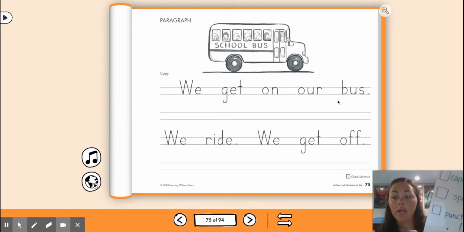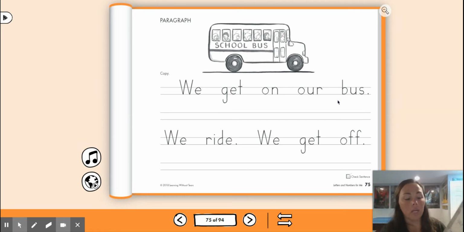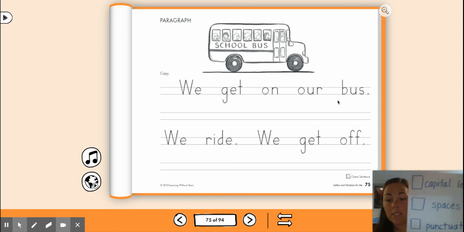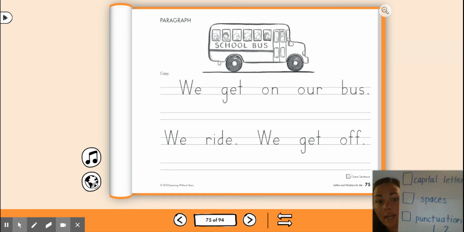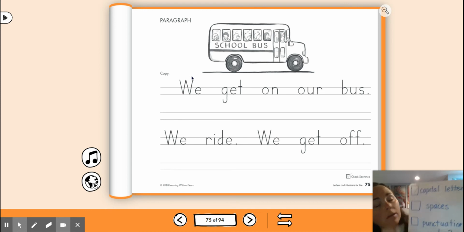So let's see if we can put some check marks on our board and see if our sentence has these things. So the first one says capital letter. Does this sentence have a capital letter at the beginning? Does it have a capital W or a big W? Yes, it does. So we're going to put a little check mark there. The next thing says spaces. So if we look, here's we.